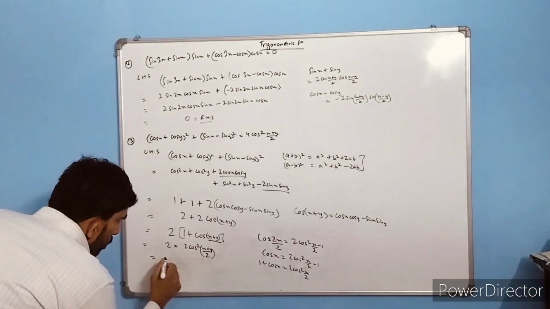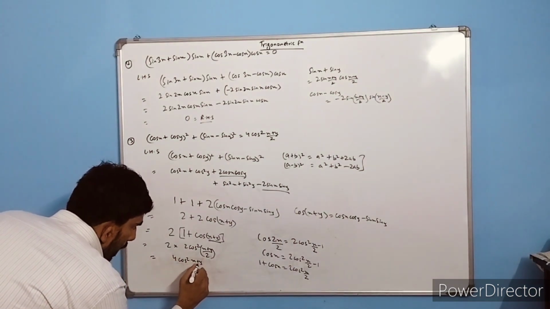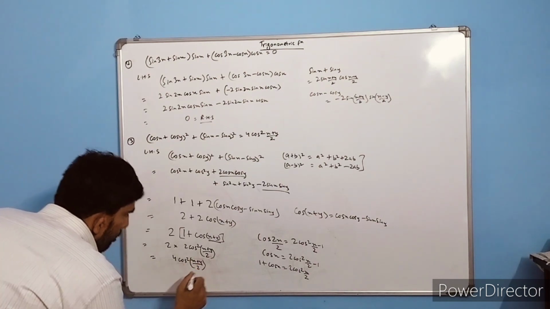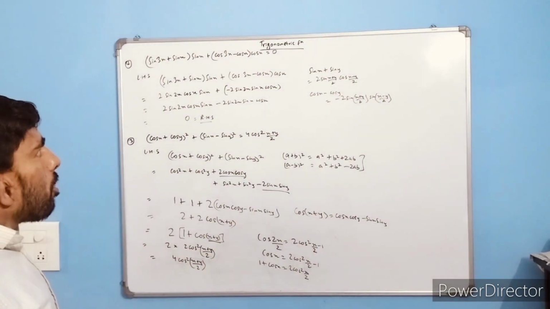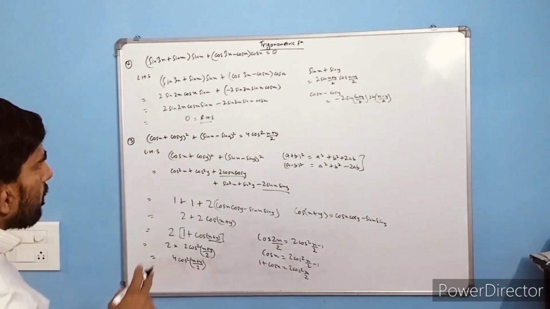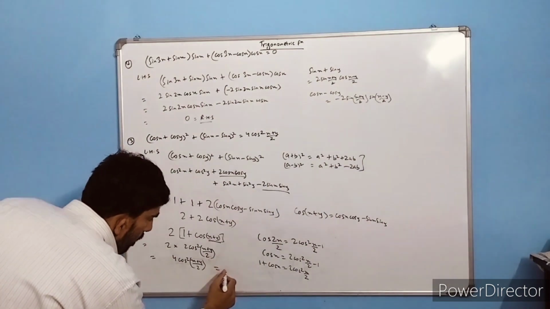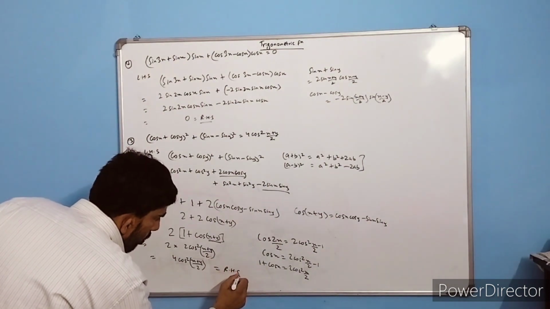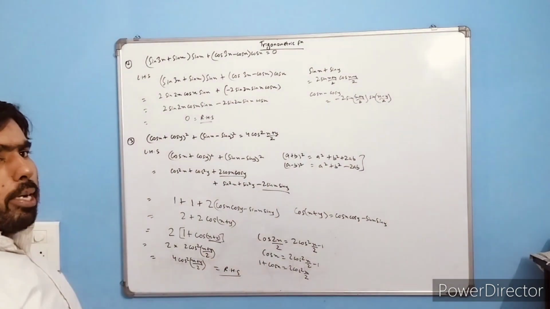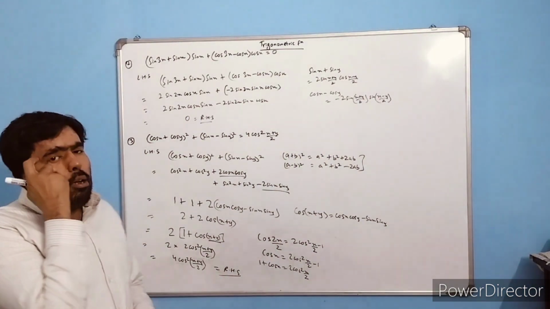Okay, so now 2 into 2, 4 cos square (x plus y) by 2, which is required in the RHS. So finally we were able to solve this kind of numerical using the identities and the formulas.